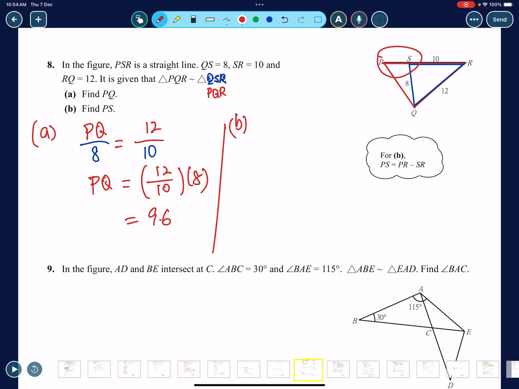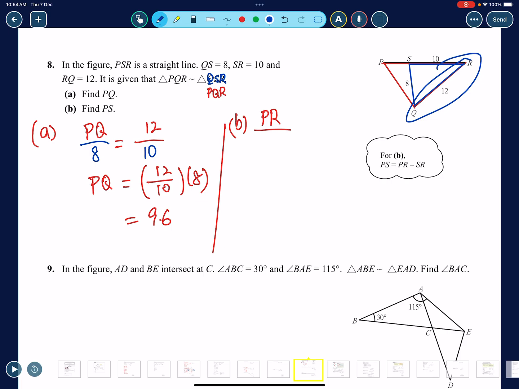Now for B, PS. PS is this one here, right? Now we need to find PR. I think if we find PR, we can subtract it with 10, and that's how we're gonna get PS. So let's try to get PR. PR belongs to the big big triangle, the red one. PR, first and last letter. First and last letter of the blue one is QR.